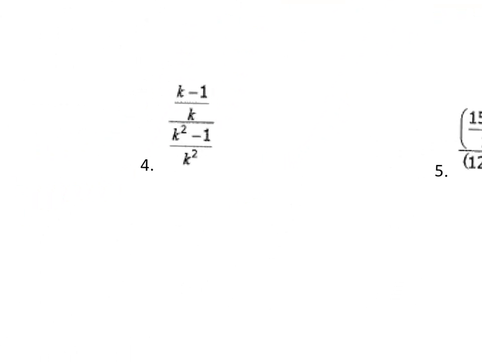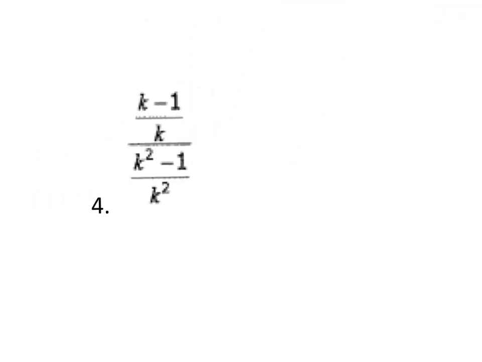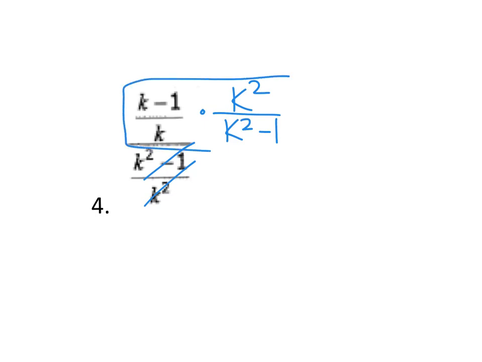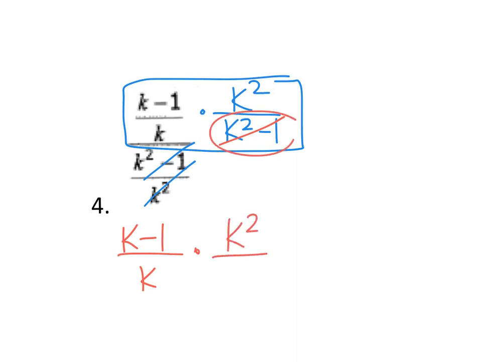Okay, number 4. I'm going to multiply the top and the bottom by k squared over k squared minus 1, because that's my denominator. So I'm left with this. I can see right here that this will factor out into, I'll just rewrite this over, k minus 1 over k times k squared over, and I'm going to factor this.